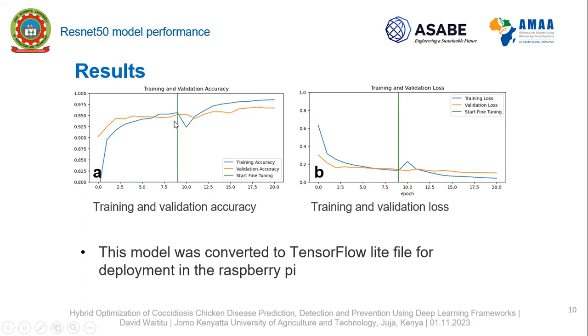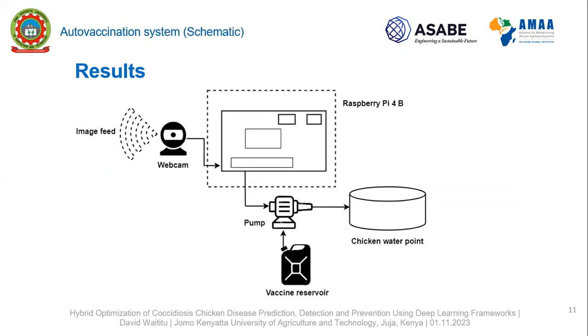The green line shows the fine-tuning, and it's evident that upon fine-tuning, the accuracy of the model increases. That came in handy to help us boost the accuracy as high as possible, because the main aim is to have as much accuracy as possible for the model to be competitive, and to be sure as a farmer that your model is going to perform well when deployed on the farm.